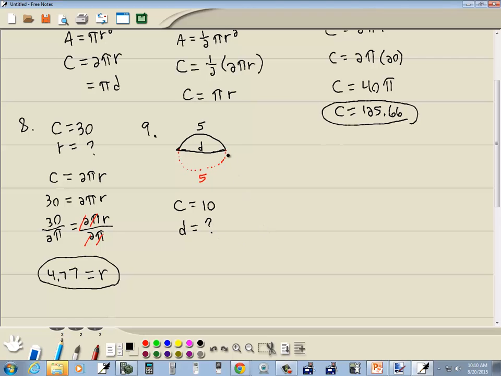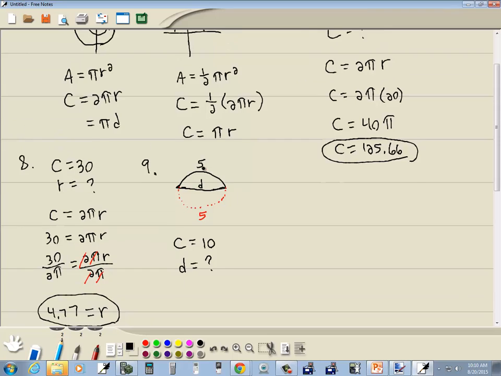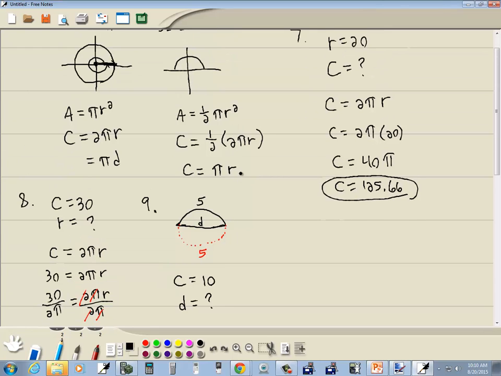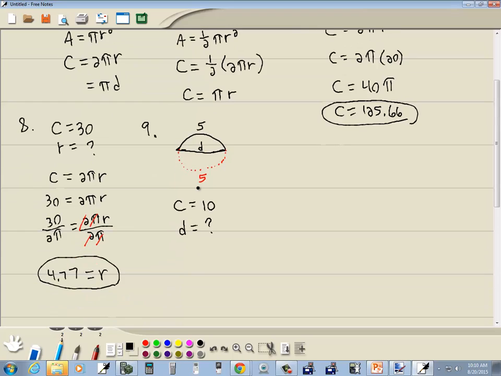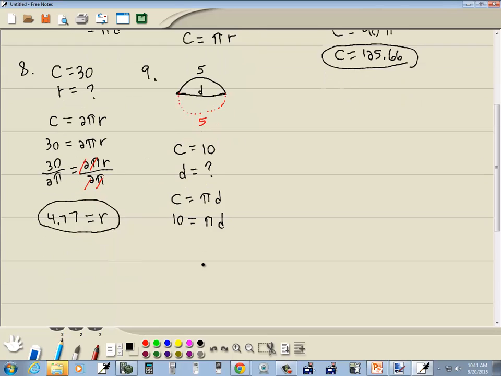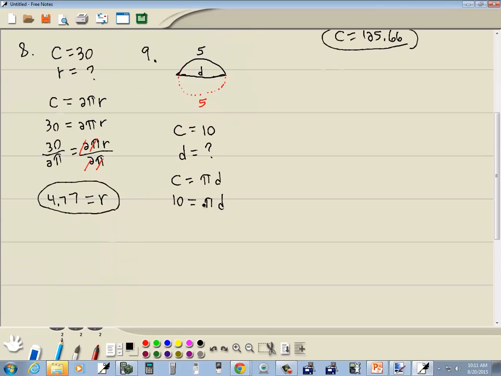Well, if I consider the entire circle, I could try to use the formulas over here and do it. It gets a little bit trickier though, because we're so ingrained into thinking circles. I want to use the formula C is equal to pi d. C we said was 10, so 10 equals pi d. And then to solve for d, I'm going to divide both sides by pi.